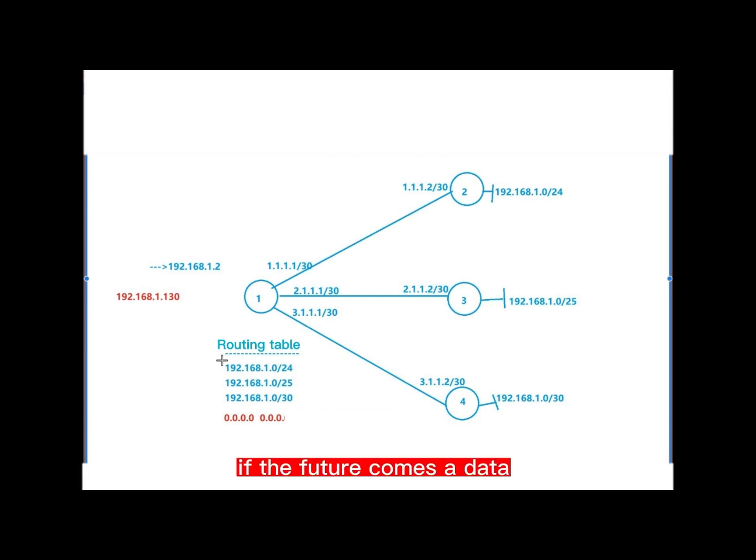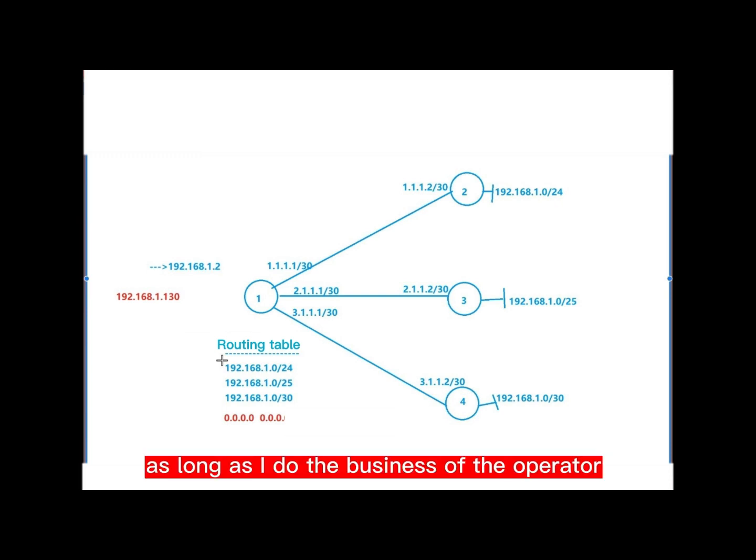If data comes in the future, it looks up the routing table, matches a route, and then forwards it. Theoretically, as long as I do business with the operator, I take the carrier's equipment and can go anywhere through this export device.